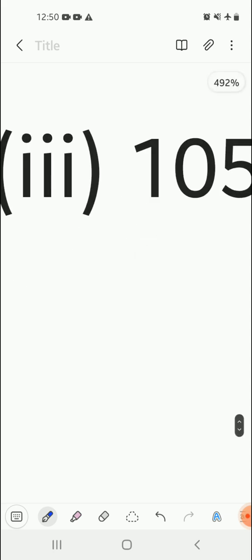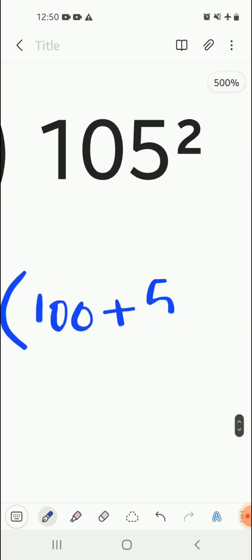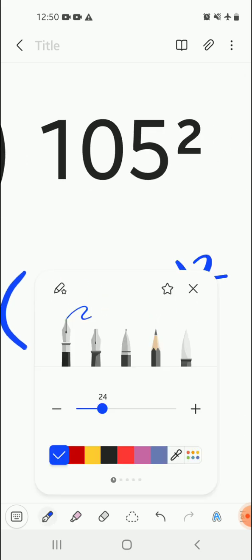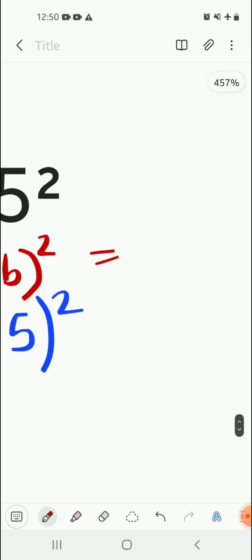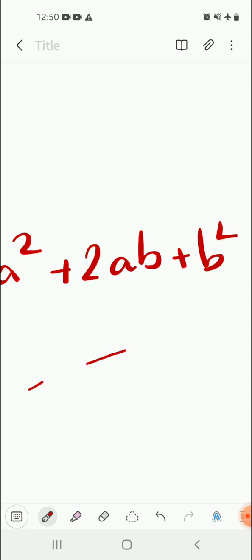Moving on, number 3. 105 square. So we can write this down as (100 plus 5) square, which is actually (a plus b) whole square, which is a square plus 2ab plus b square.